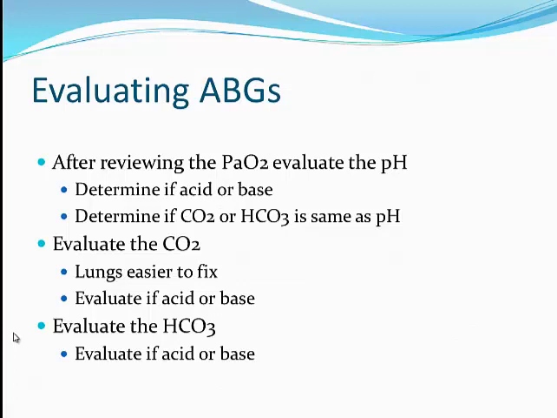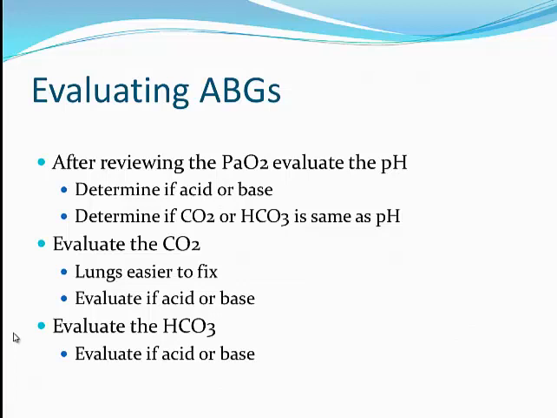One of the ways that people remember acid-base imbalances is a memory device called ROME. If you look on page 324 of Lewis, you'll see in table 17-17 the ROME memory device. In respiratory conditions, the pH and the PaCO2 go in the opposite direction.